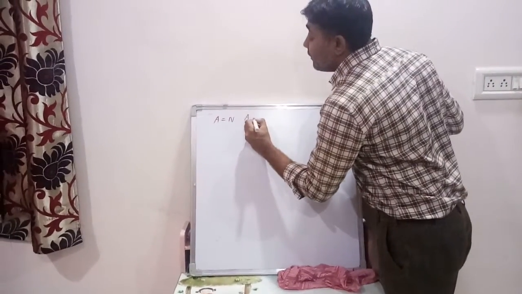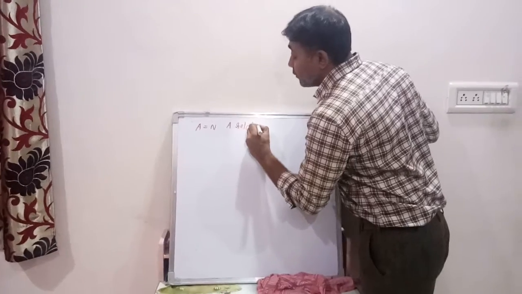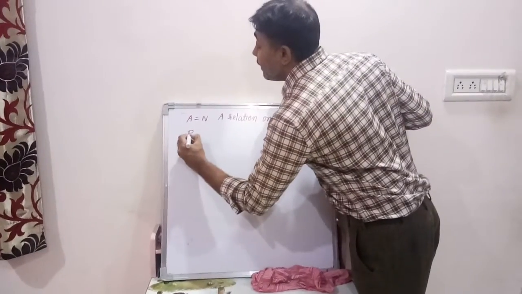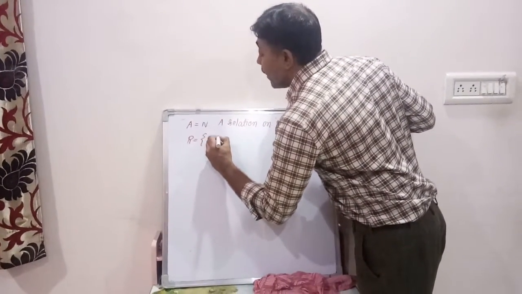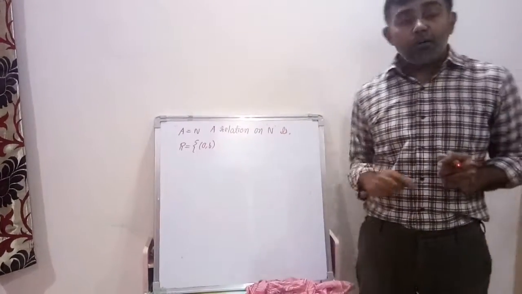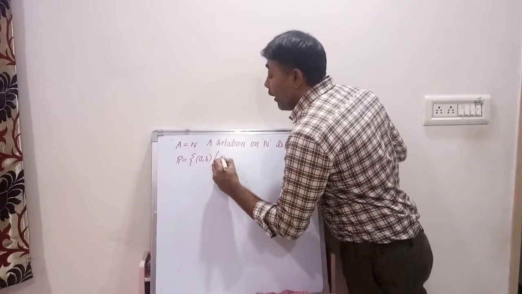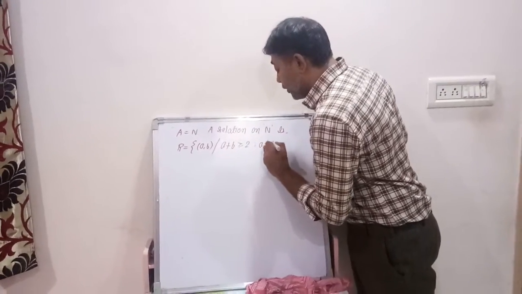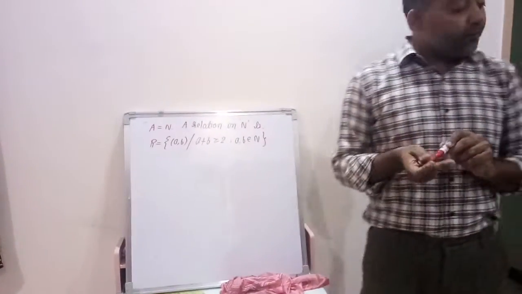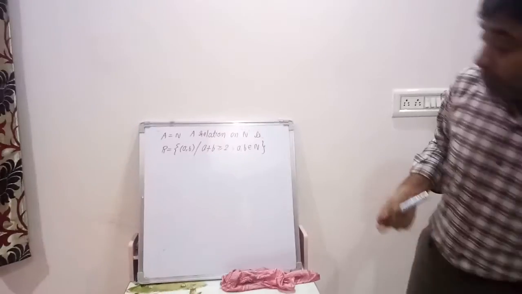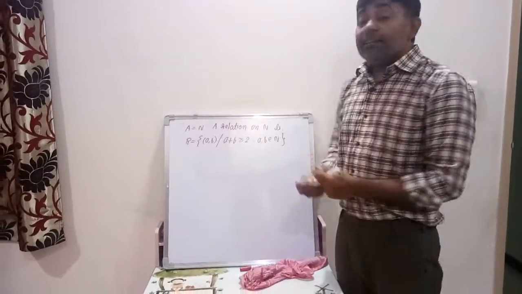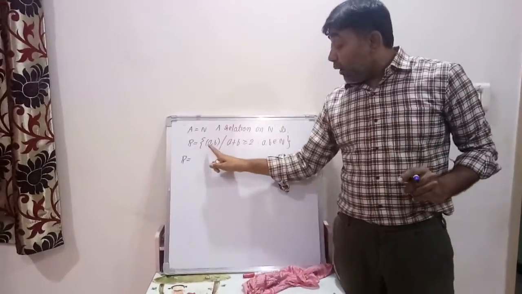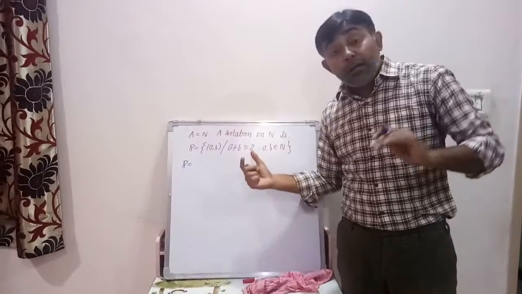A relation on set n is, suppose I write this relation, R equals the set of ordered pairs (a, b), where a plus b is greater than or equal to 2, where a, b belong to n. Now let us see what happened in that case. See here, this relation consists of all ordered pairs of n cross n.